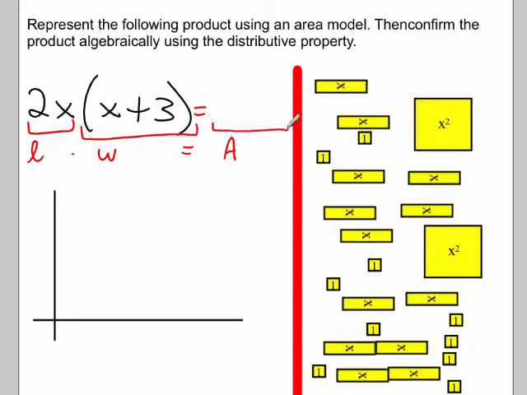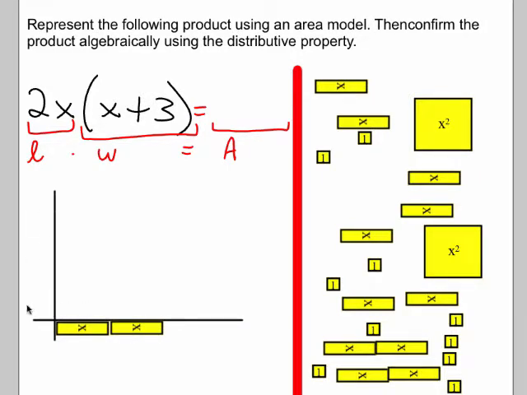And so the answer to this question is going to be represented by the area of the rectangle I'm going to create below. So if I want to lay out my length and my width along my axes here, I need 2x as my length.